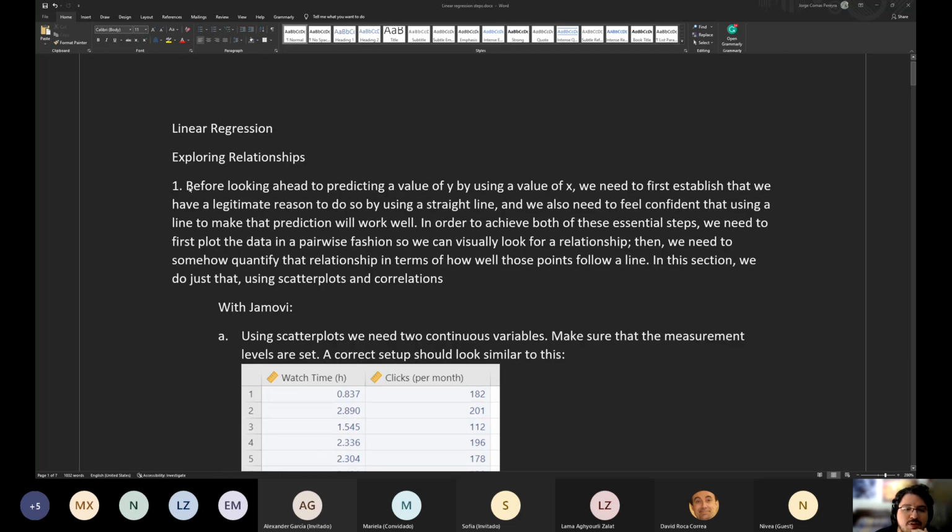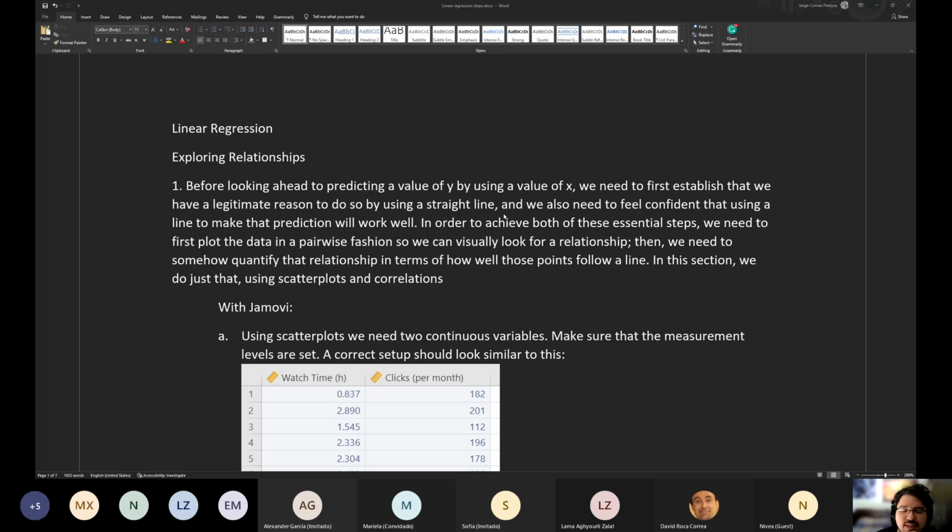So before we look ahead to predicting a value of y by using a value of x, here y being your dependent variable that you may choose with reason, and your x, your independent variable or predictor that you also choose with reason, we need to first establish that we have a legitimate reason to predict one value of y given a value of x by using a straight line.